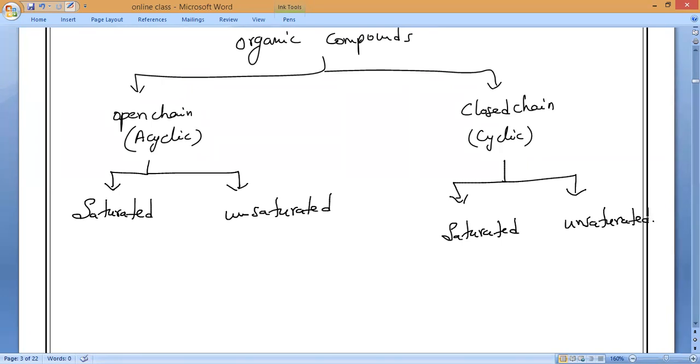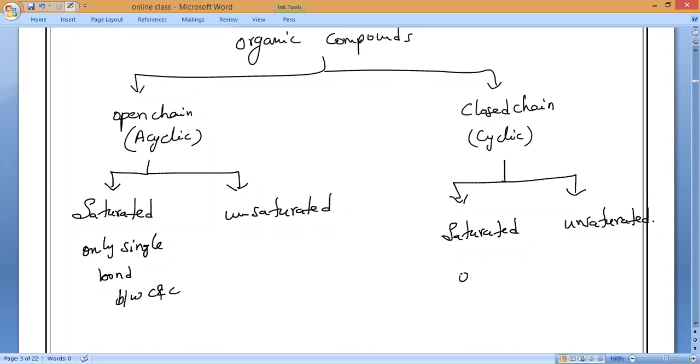Other than this, nothing is needed for you. You just study saturated and unsaturated. Saturated means, here or here, it doesn't matter, only a single bond is present between carbon and carbon.